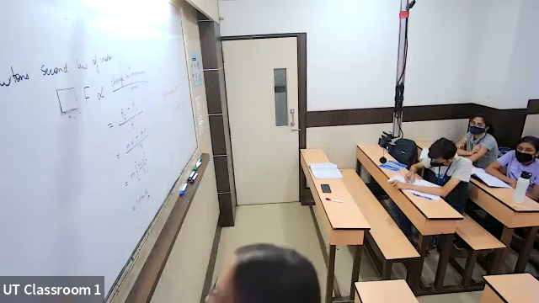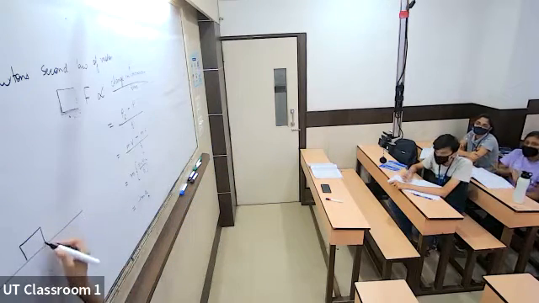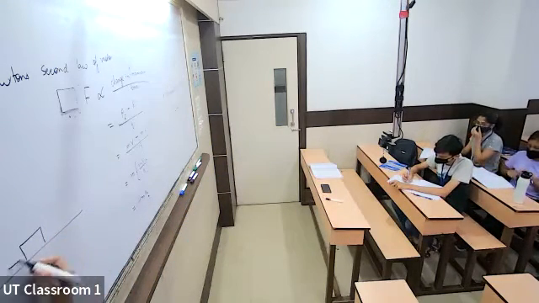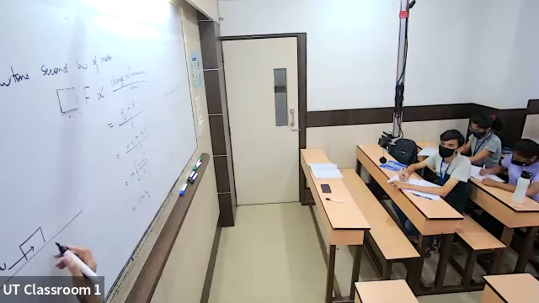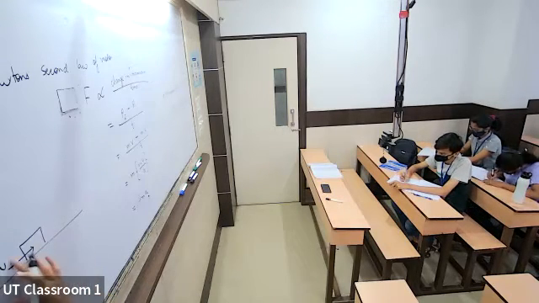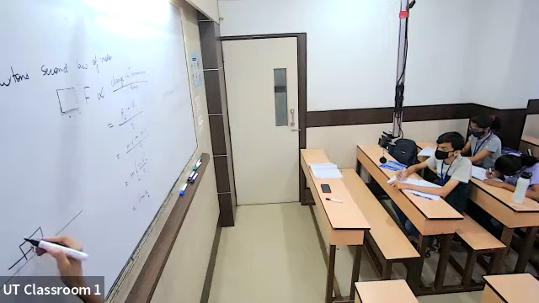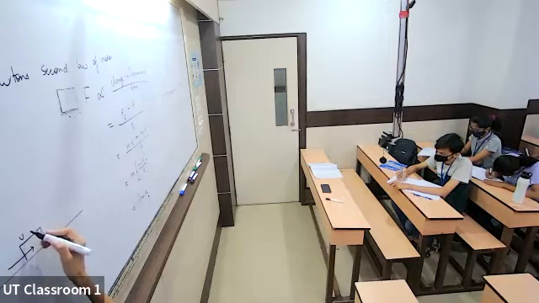Okay? So by diagram you can show that this body was already, let's say, moving with velocity initially u. This body was moving with its velocity u. Then some external force was applied.